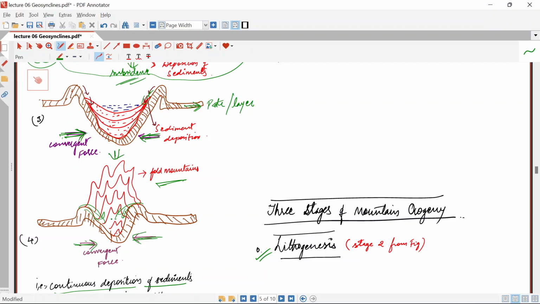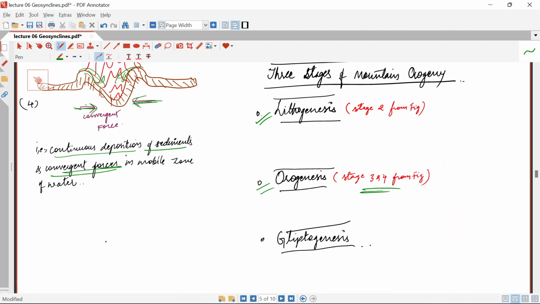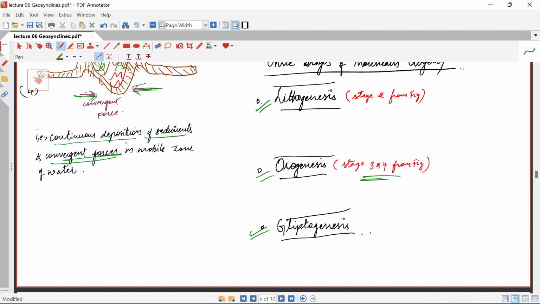So due to the squeezing and squashing, a fold mountain is formed, due to the continuous deposition and sedimentation processes. Now let's see what glyptogenesis is.